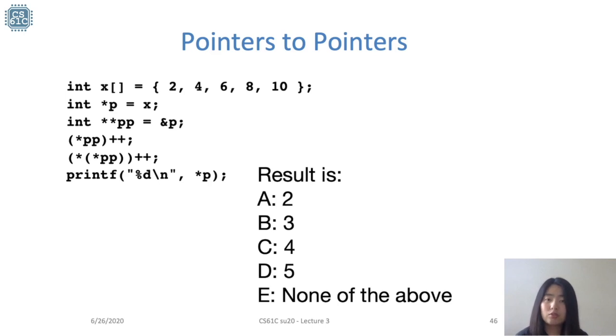This is another question for pointers to pointers, or double pointers. I recommend you pause the video and work through this exercise on your own. Okay, let's see what's going on here. We have this integer array x that contains the values 2, 4, 6, 8, 10. Our integer pointer p points to the beginning of x, and the double pointer pp points to p.